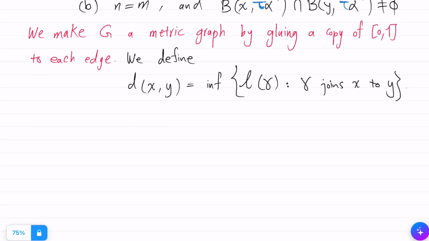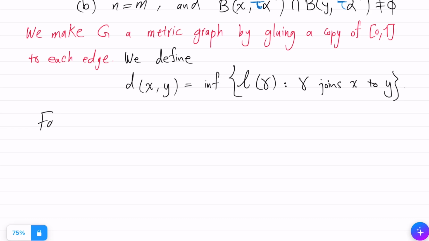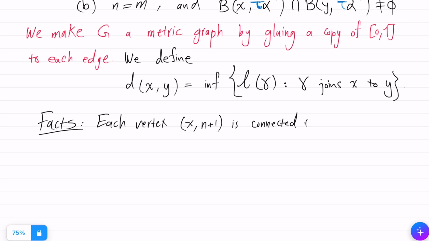Okay, let's write this down. Facts. Each vertex, say x_{n+1}, is connected to some vertex from previous generation, some y_n, and this implies that G is a connected graph.